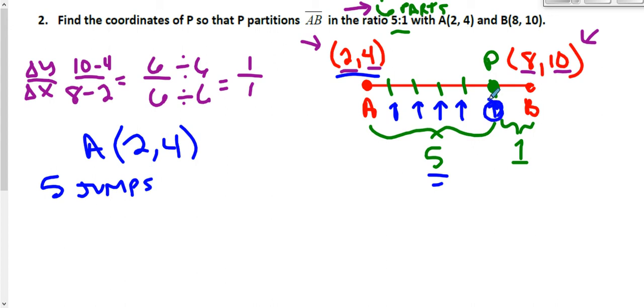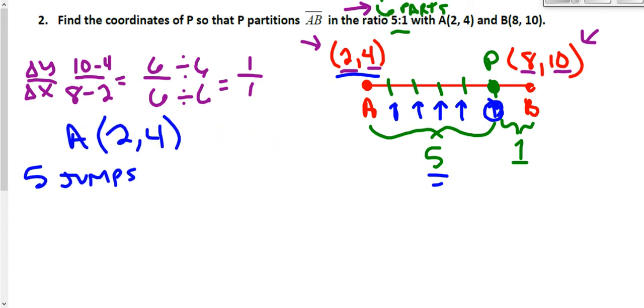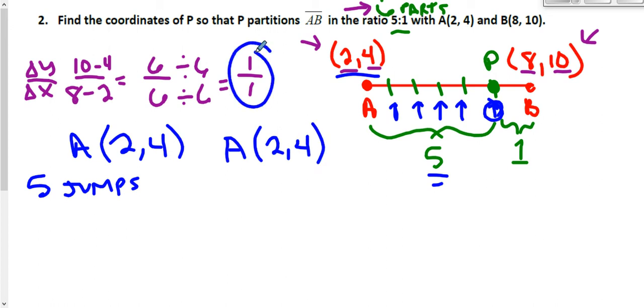So 5 jumps from 2, 4, which means I'm going to take my a coordinate, 2, 4, and I'm going to use this change for my y values and my x values 5 times. So my first change, second, third, fourth, and 5th. And after all 5, I'll end up at my point P.